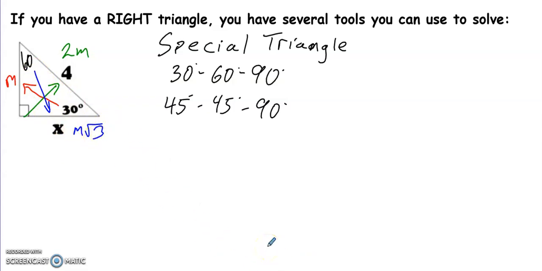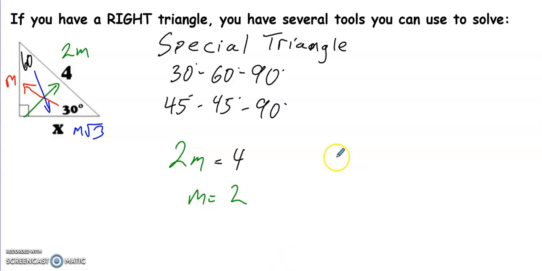Trip down memory lane. So let's take the side that has a number, 4. 4 and 2m are the same value. So we can say 2m equals 4. Divide both sides by 2, and we find out m equals 2. That means in every side, m can be replaced with the number 2.